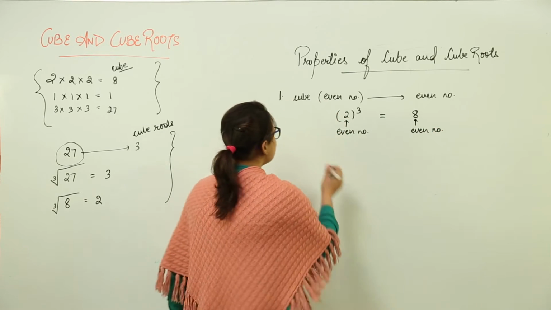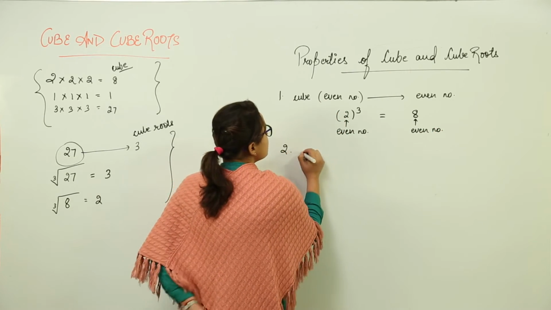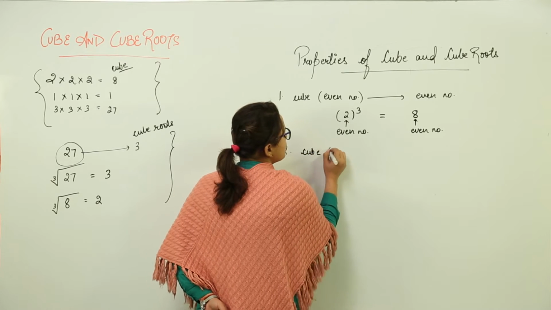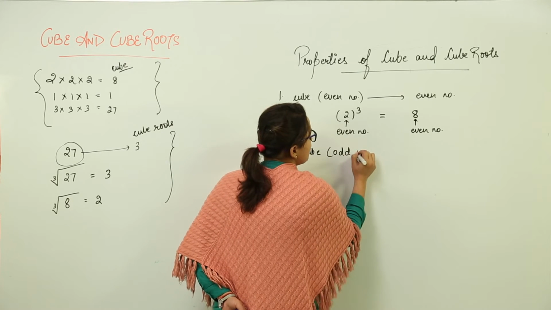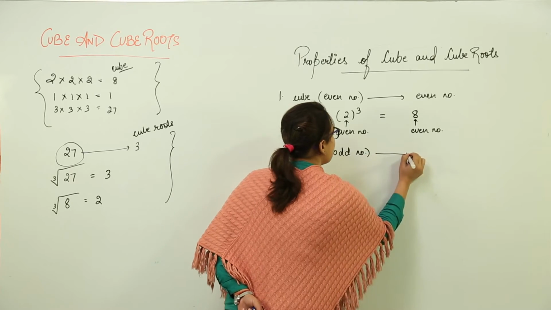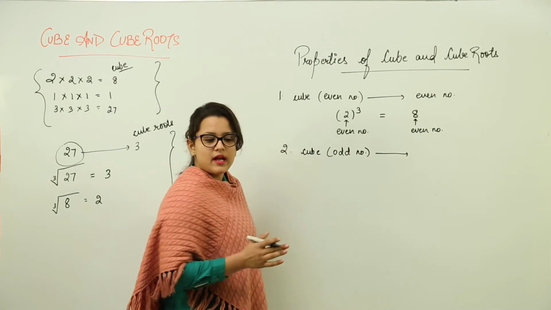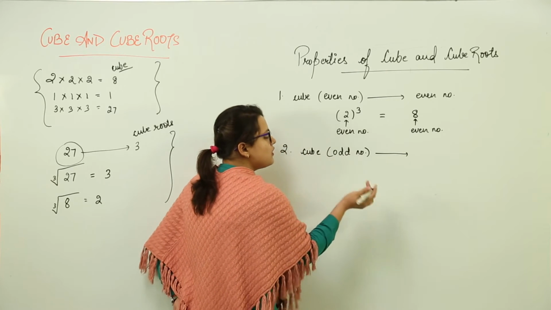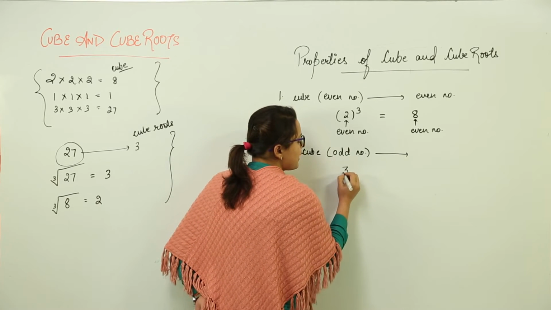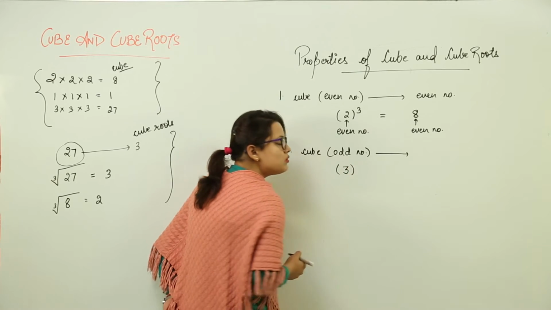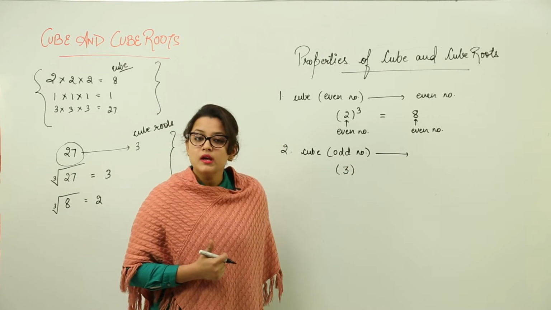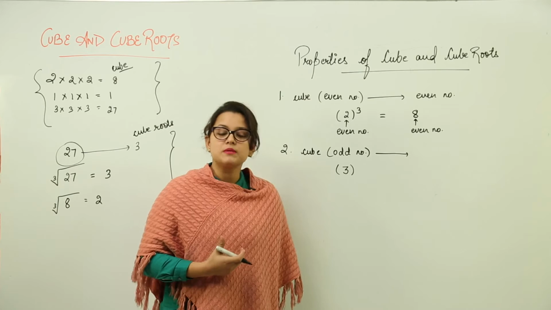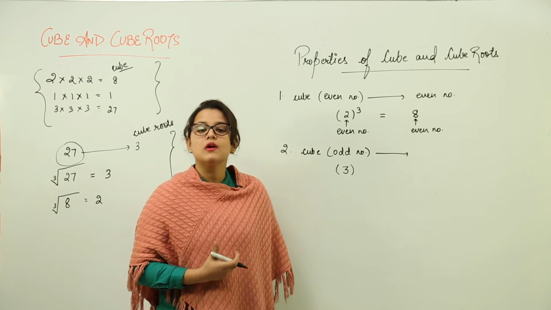Correct? Next one. The next property says the cubes of odd numbers. Now when you take the cube of odd numbers, let us check what we get first and then we will write as per our conclusion. Now over here let us take any odd number. For the easiest example, I am taking 3. We all know that 3 is an odd number. Why? Because the numbers that are not divisible by 2 are known as the odd numbers.